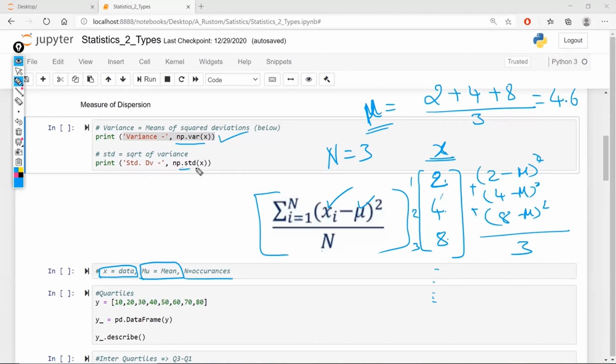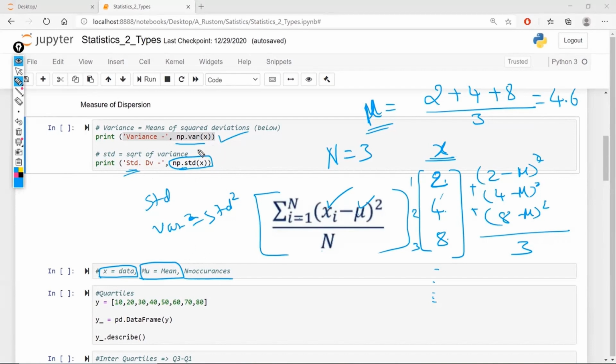And the standard deviation is just the square root of the variance. Dot std is what I can use to get the standard deviation. Either you can find the standard deviation, and variance is basically the square of the standard deviation, variance equal to std square, or you can find the variance and take the square root. Both are the same.